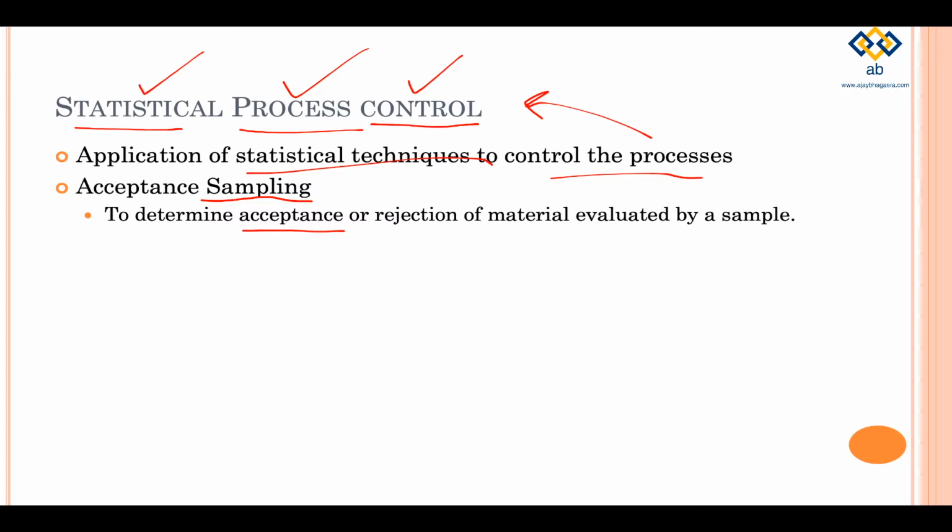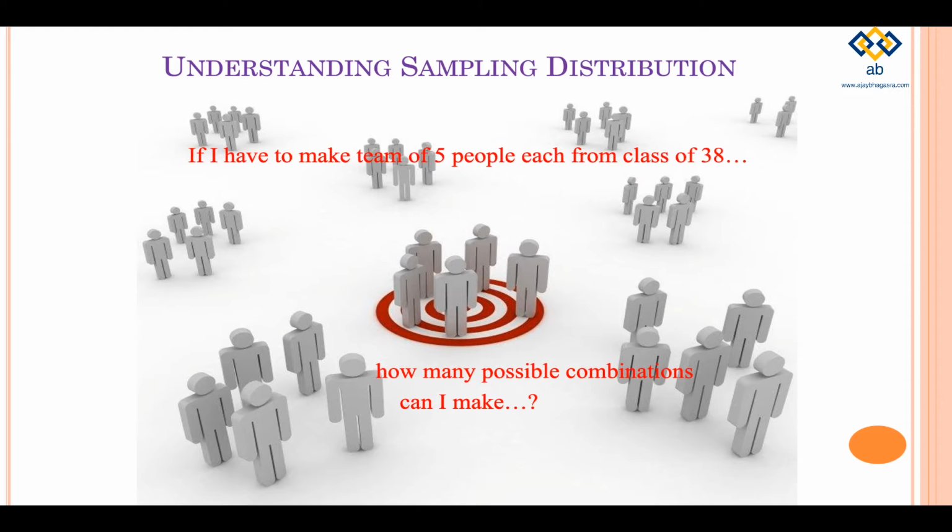If the sample taken from lot A is in control according to statistical process control, then the entire thing is accepted. If there is a problem, then the entire thing might be rejected, depending upon the sensitivity of the company. Now, to understand this, we have to understand the concept of sampling distribution, right?